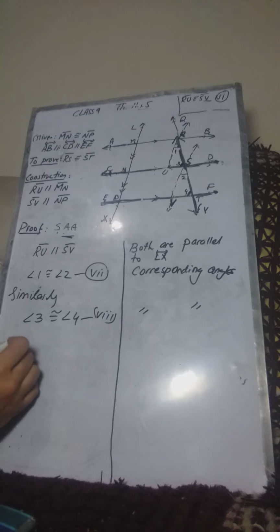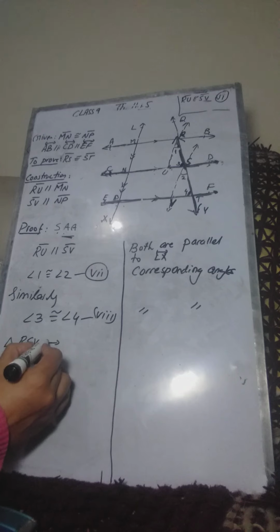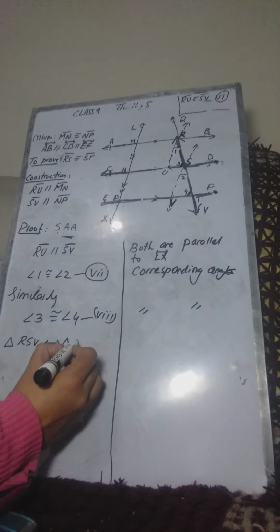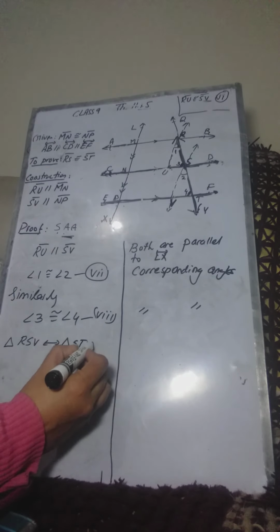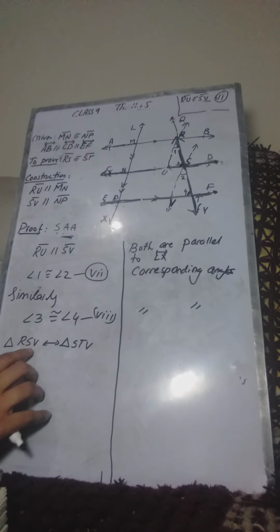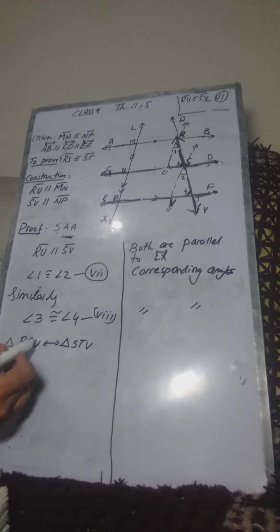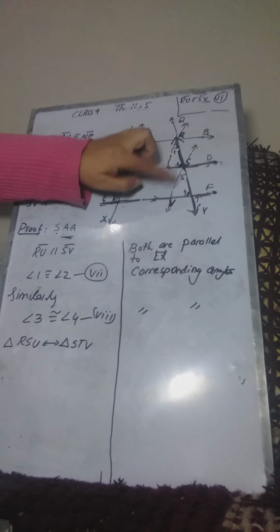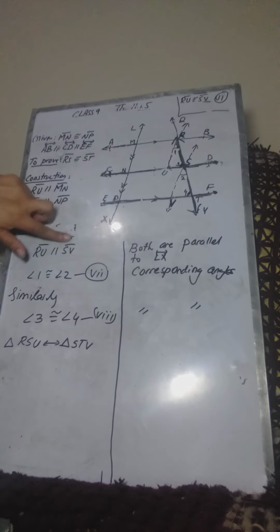Now taking these two triangles, triangle RSU, I will take this triangle RSU corresponding to STV, and I will prove them congruent by SAA postulate.